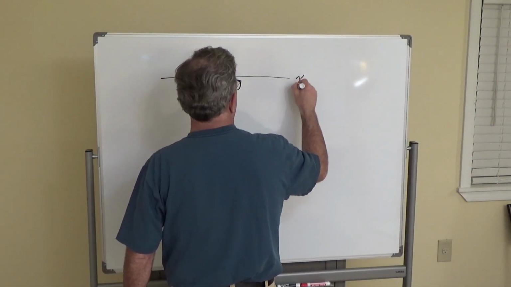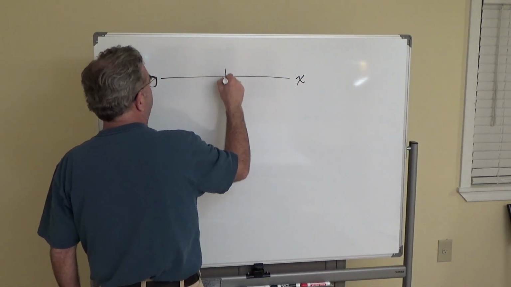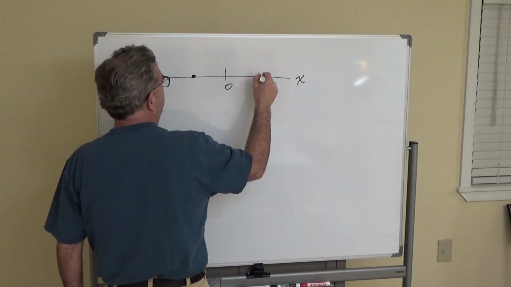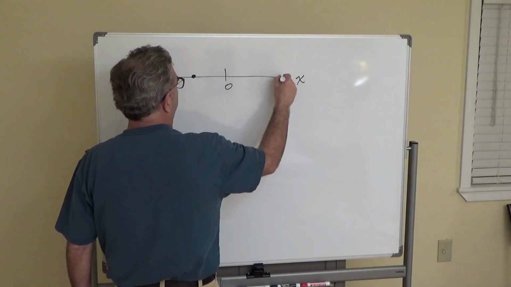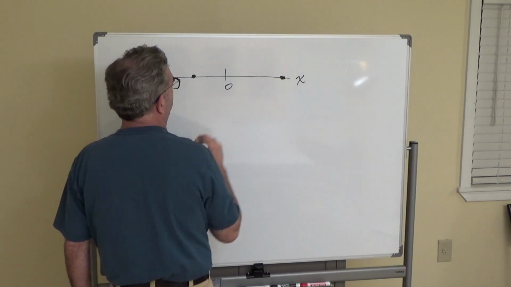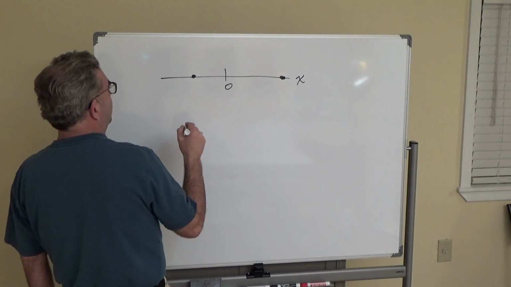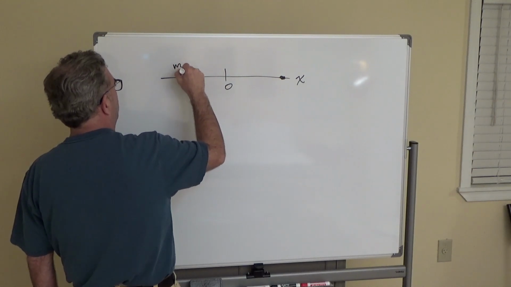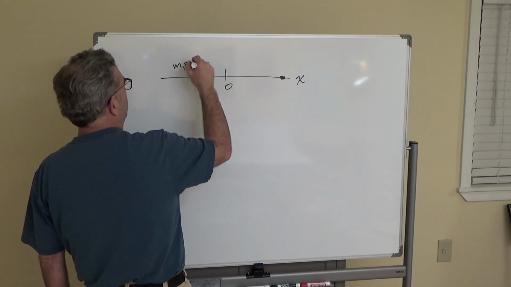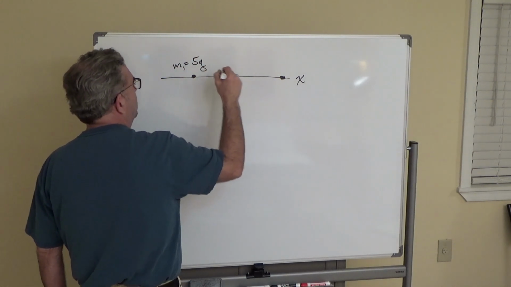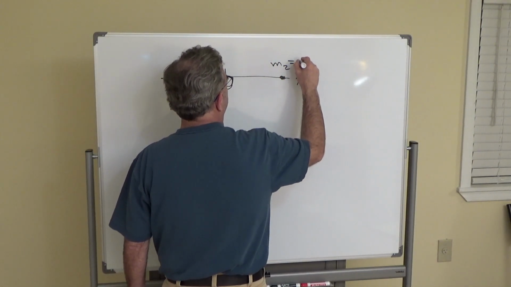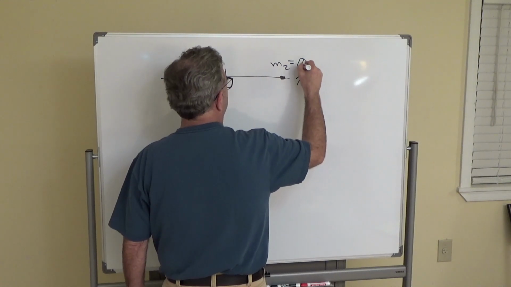here's the x-axis, and here's 0, and here's some point particle, and out here is another point particle, okay? Let's say that this has a mass of, this is M1, and it equals 5 grams. This is M2, and it equals 10 grams. Okay?